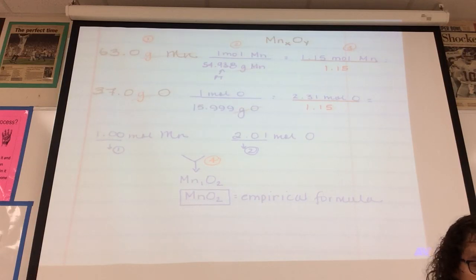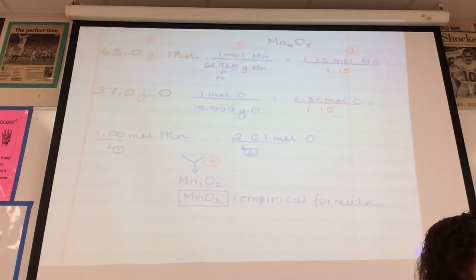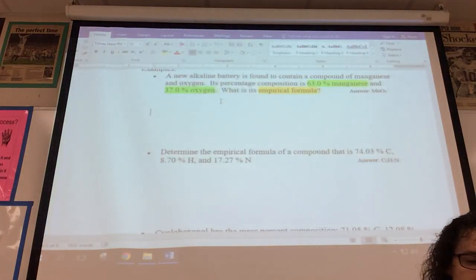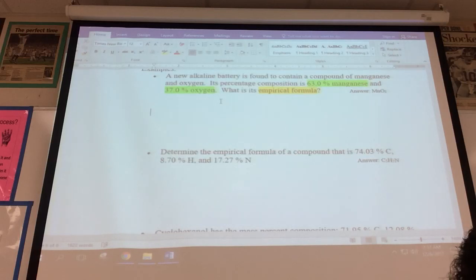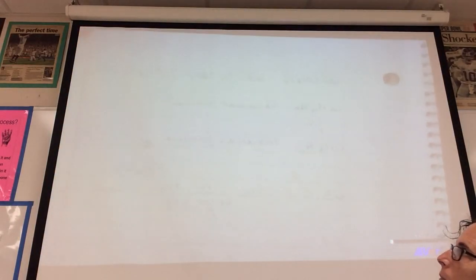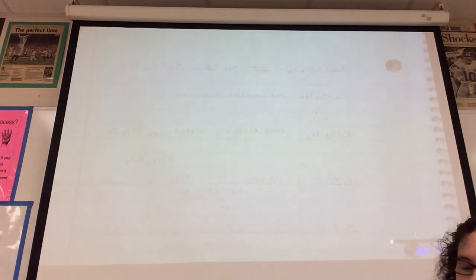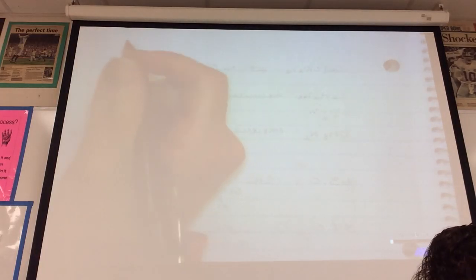The next one's a little harder, but you'll be fine. Super bright class. You should do very well here. It says, determine the empirical formula of a compound that's 74.03% carbon, 8.70% hydrogen, and 17.27% nitrogen. So again, we're going to get those, and rather than writing percents, we know we need grams, so why write and erase?